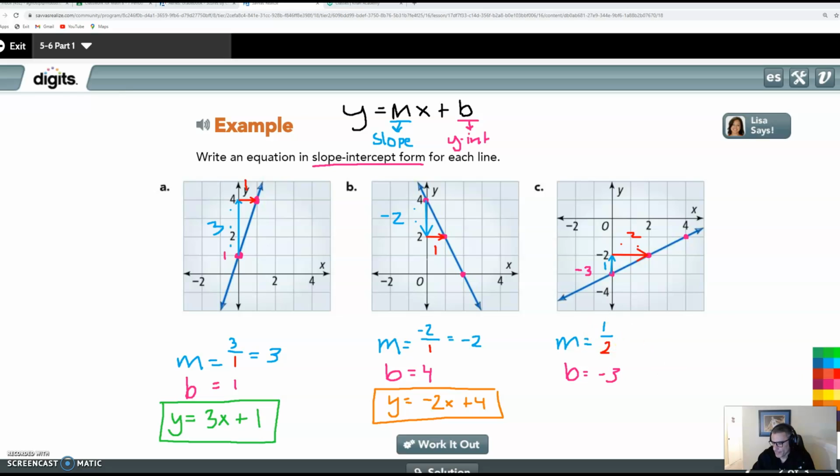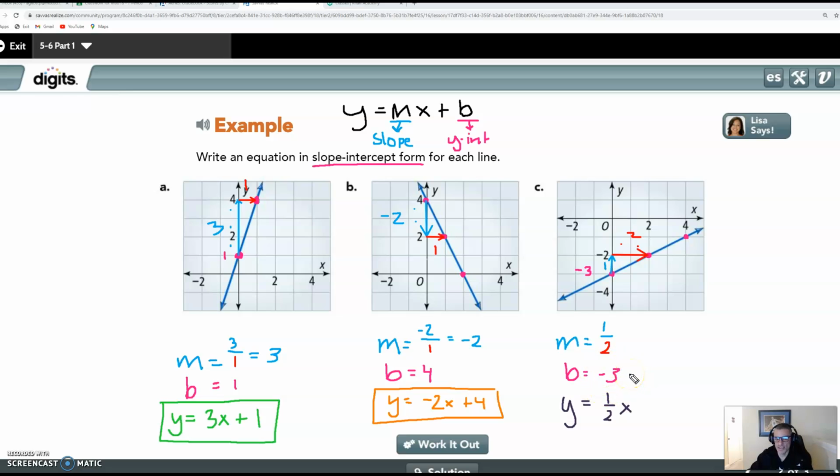That's fine. So the equation for this line is y is equal to, I plug 1/2 in for m. So that's 1/2 x. All right, this is negative.